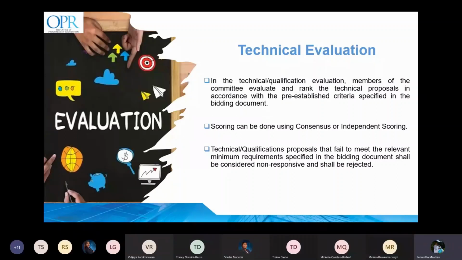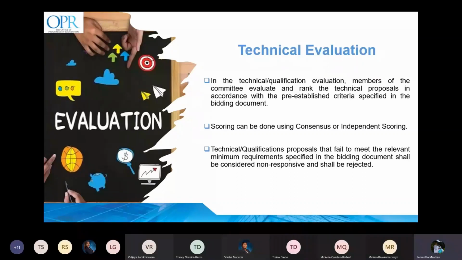The committee member independently justifies the scores allotted in a score sheet, and subsequently, the chairperson of the committee would tally the scores and find the average. In the independent scoring system, if there are discrepancies, such as large gaps between individual scores, a discussion among evaluation committee members can be facilitated to ensure that there is clarity by all members.